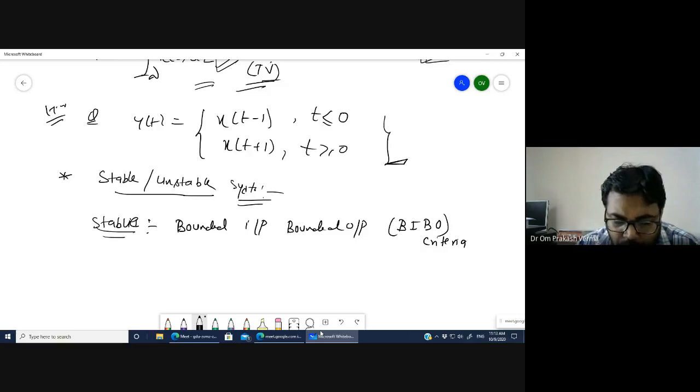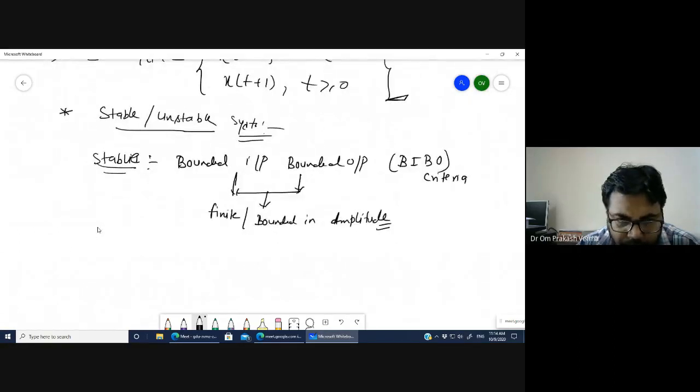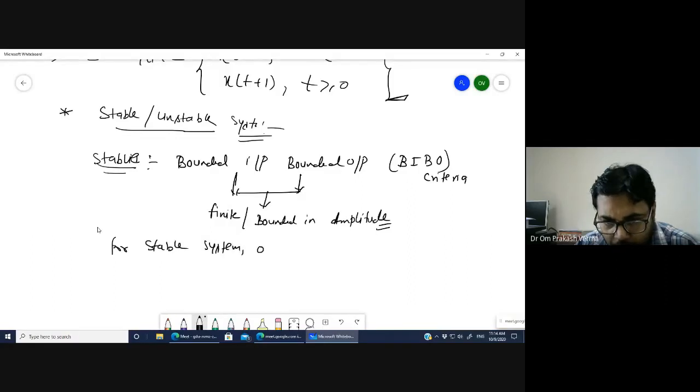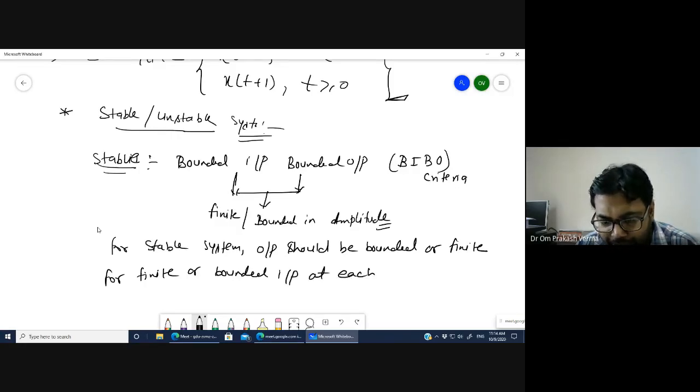Bounded input and bounded output will provide finite or bounded amplitude. So for any stable system, the output should be bounded or finite for finite or bounded input at each and every instant of time, right?